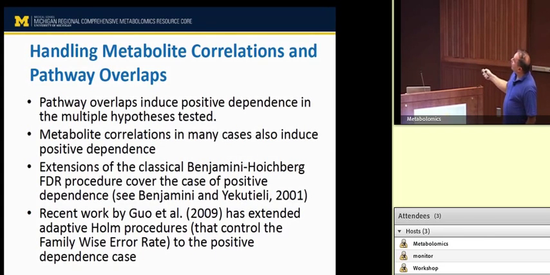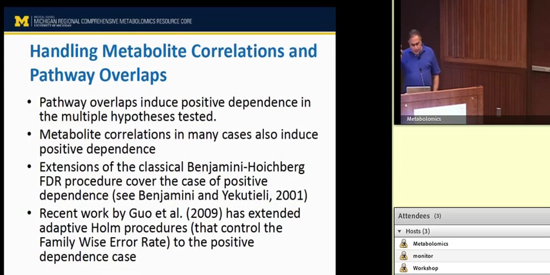As long as you have positive dependence, there are extensions by Benjamini-Yekutieli of the classical Benjamini-Hochberg procedure for controlling false discovery rate. And if you don't want to control false discovery rate, but you want to control the family-wise error rate, which is a much more conservative procedure, again, there is work in the literature to address this issue.